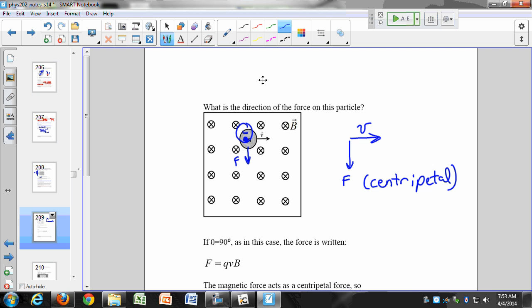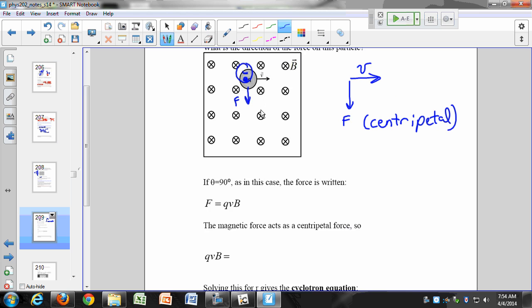So anytime you encounter a negative particle, an electron or whatever, no matter what you're finding, just find it by the right-hand rule and then take the opposite of it. So it's a fairly simple thing.